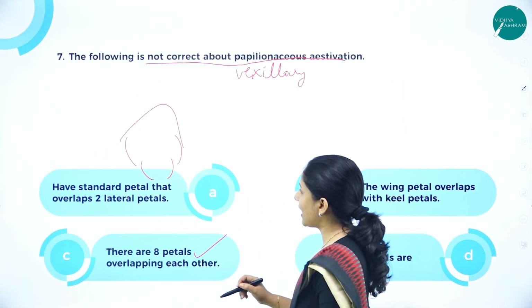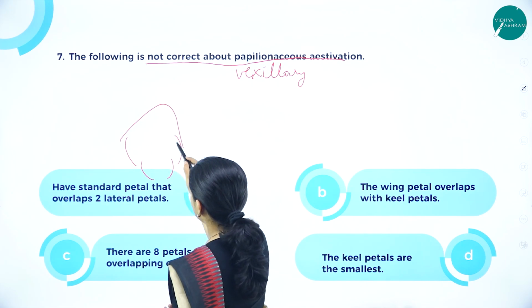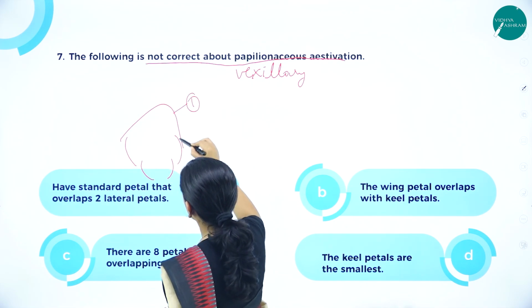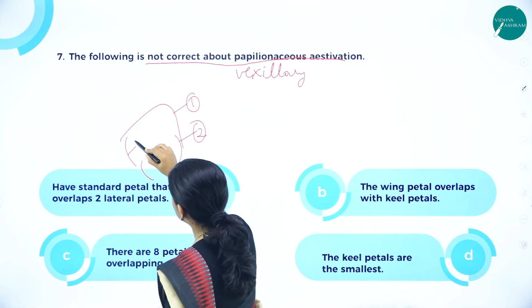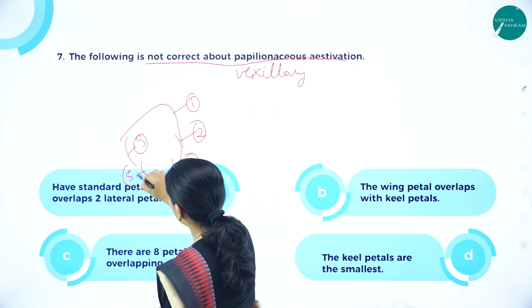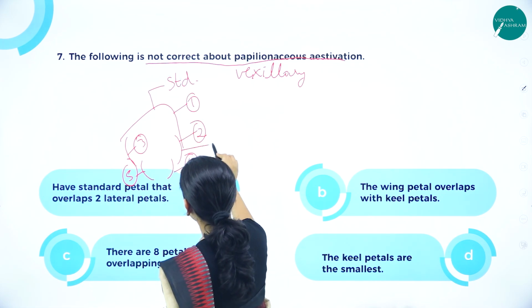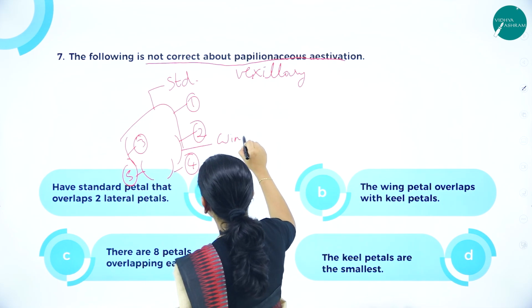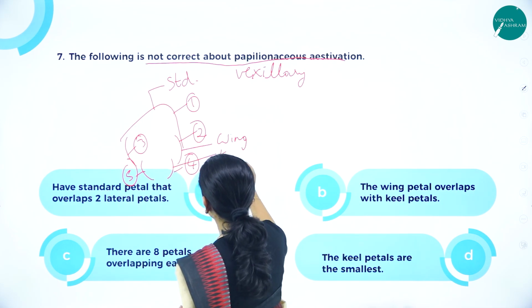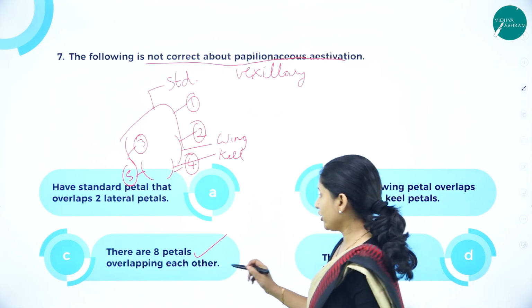No, because they have only 5 petals overlapping each other: 1, 2, 3, 4, 5. This is the standard petal, this is the lateral or wing petal, and this is the keel petal. So therefore they have only 5 petals. It is not 8 petals.